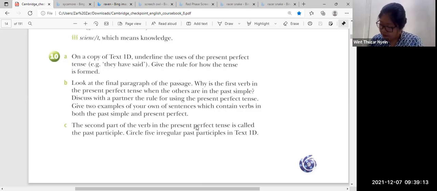And okay, so sometimes we have to take care of the verb form we use, and it shows the time of the action. Whether it happened, or it is happening, or it will happen. So the action speaks by the tenses. Okay.